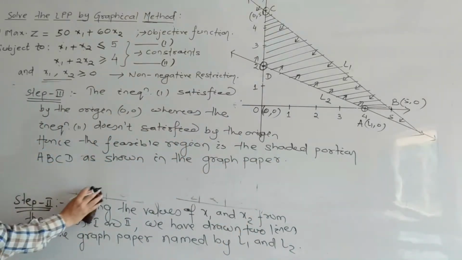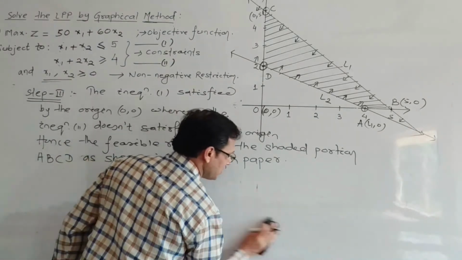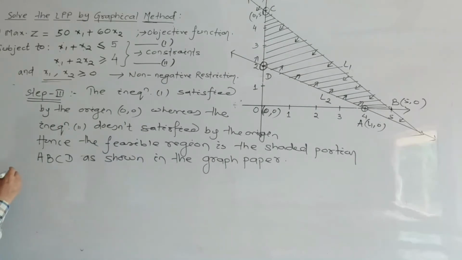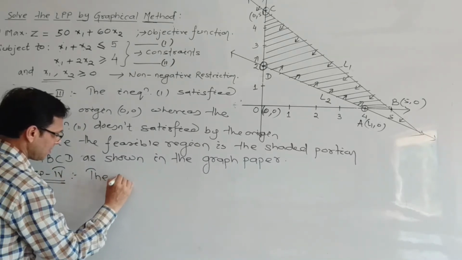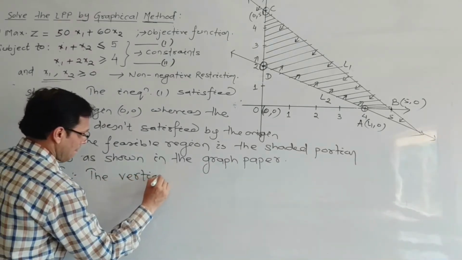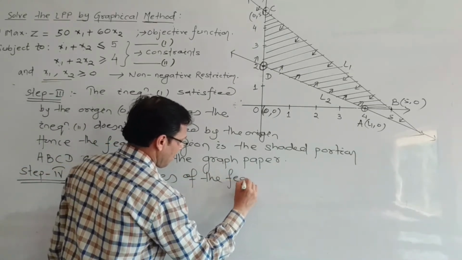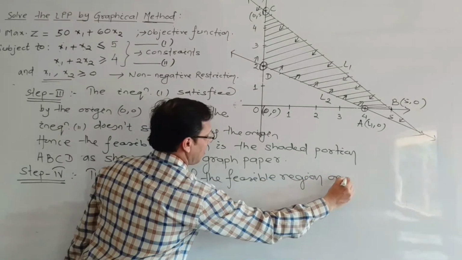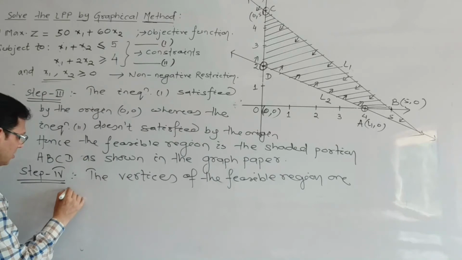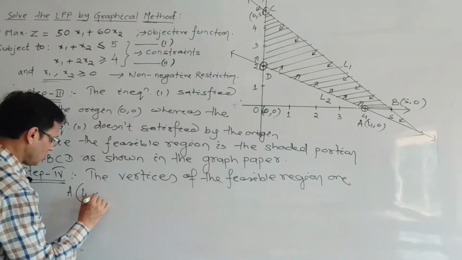Now we have to find the vertices. In step 4 we have to find the vertices of the feasible region. In step 4, the vertices of the feasible region are A. What is the coordinate of A? A is (4, 0).